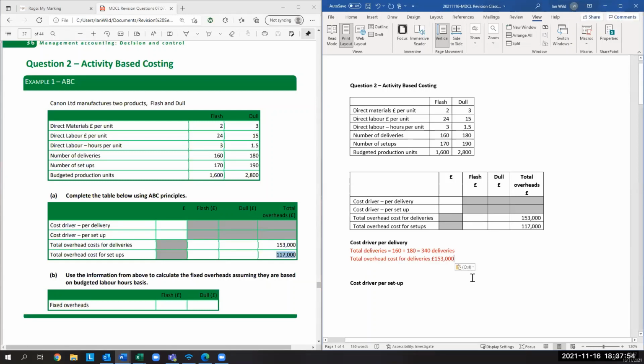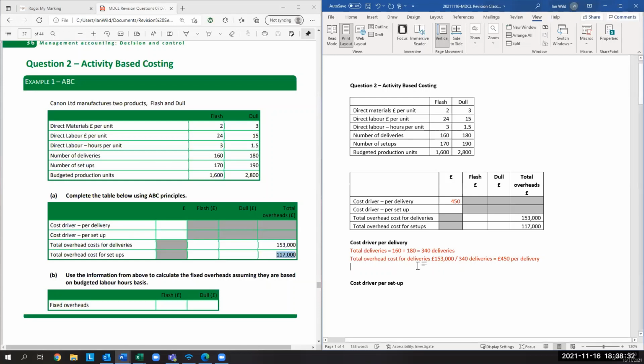If we then divide it by the total number of deliveries we've just worked out, 153,000 divided by 340 deliveries gives us a cost of £450 per delivery. Great. So we now know our cost driver per delivery. For every delivery in the business, it costs 450 quid.